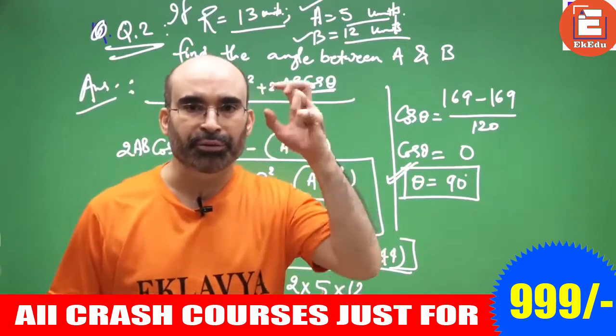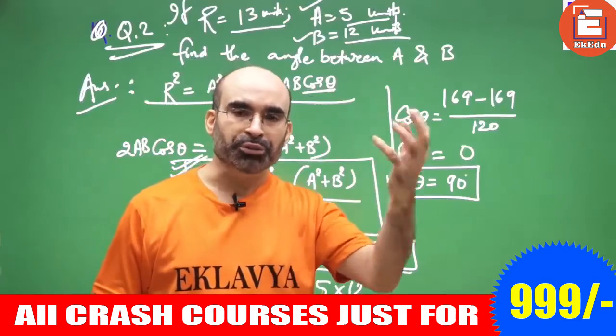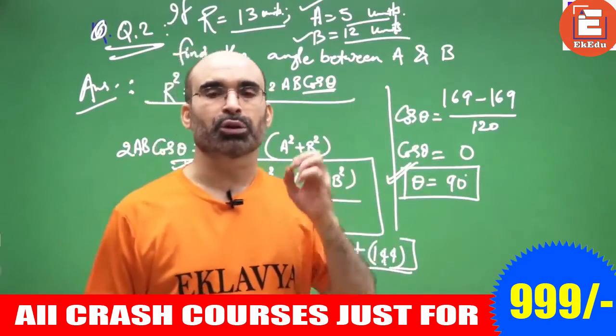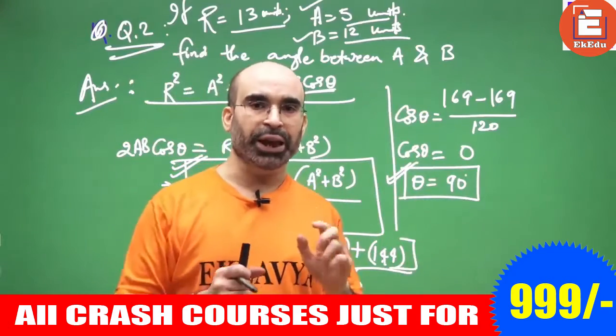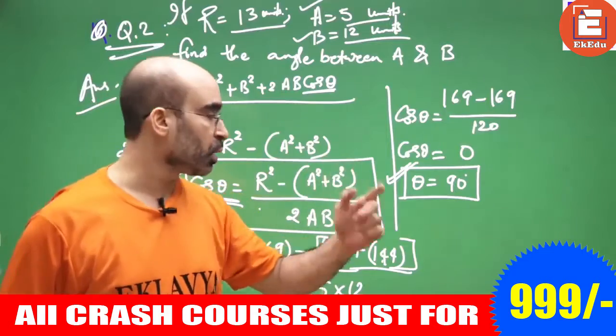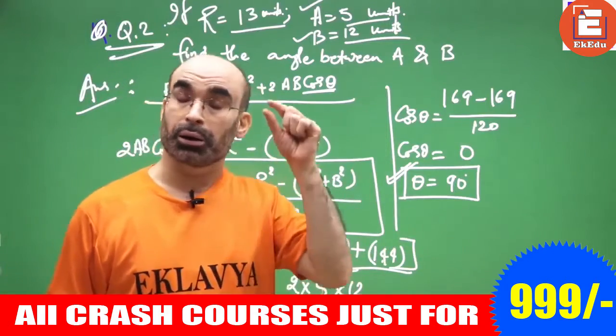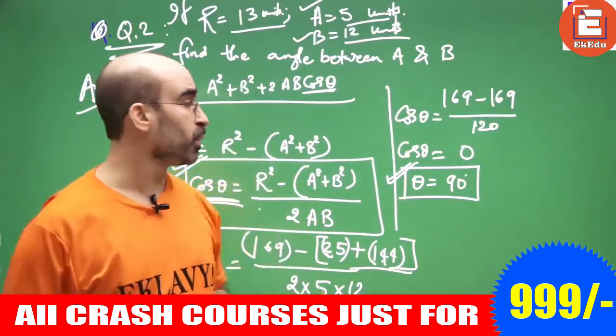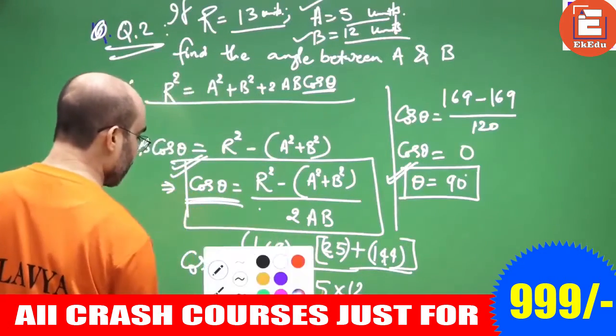So if you are given the magnitude of the resultant, the magnitude of vector A, and the magnitude of vector B, straight away you can use this formula to work out the direction, the angle between vector A and B. What is theta here?